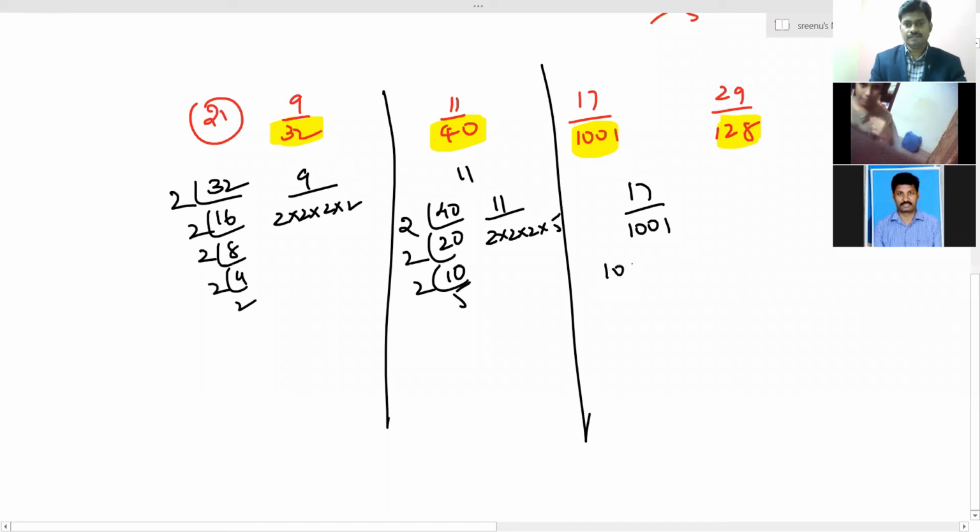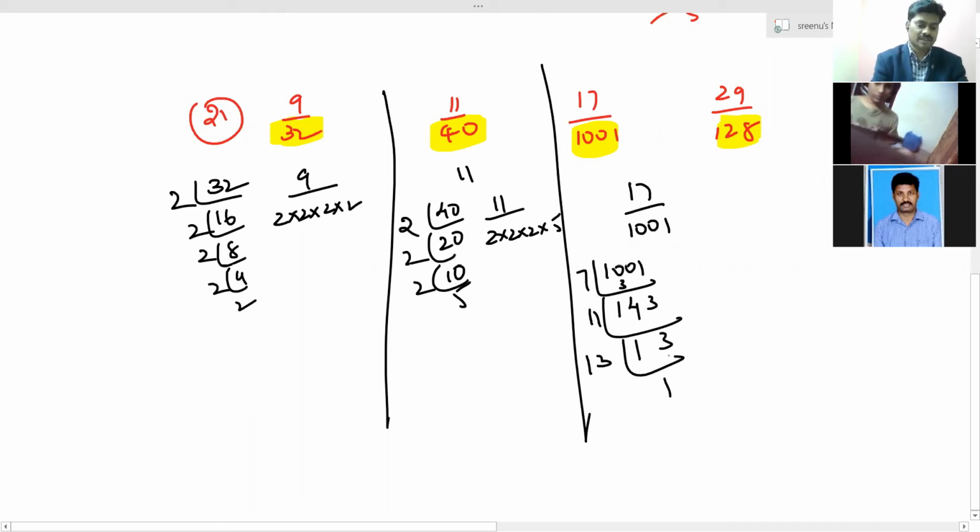Okay, no? 7 ones are 7, 4 sevens are 28, 3 sevens are 21, 143 is 7 into 11 into 13. 11 table, 11 ones, 11 threes. 7 into 11 into 13. Okay, so what is the denominator I got here? 17 by 7 into 11 into 13.